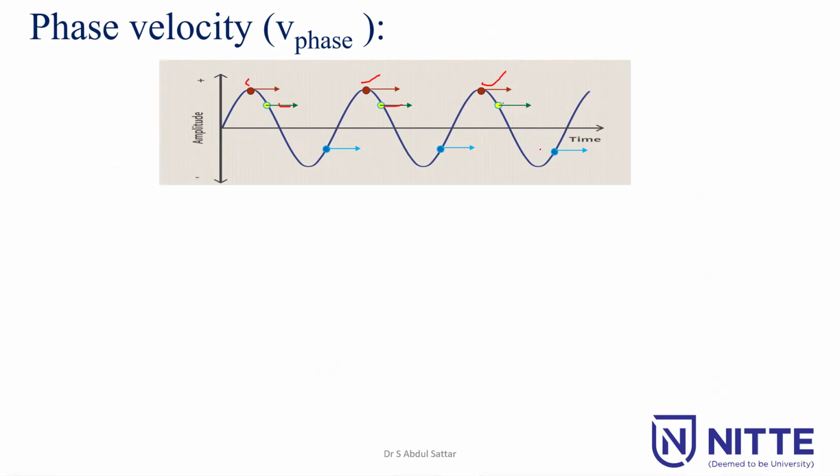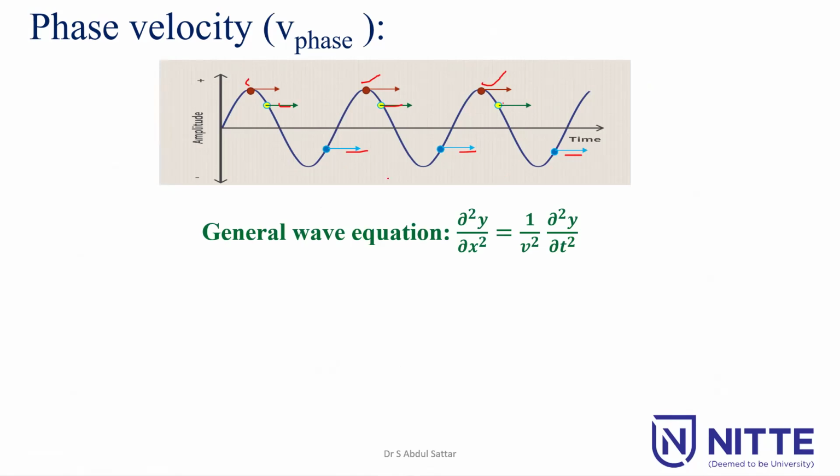Again, these are points in the same phase. These points will occupy the same position in equal time intervals, so their velocity is constant. So the velocity with which constant phase points are moving is called phase velocity.